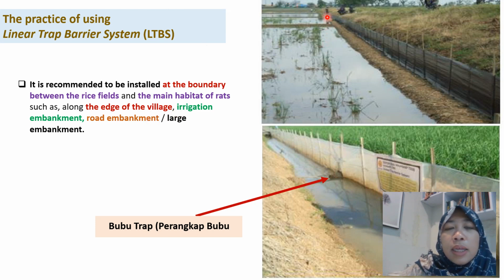And this is how LTBS should be installed. It should be installed at the boundary between the rice field and the main habitat of rats, or along the edge of the village, or near irrigation, or near a road embankment.